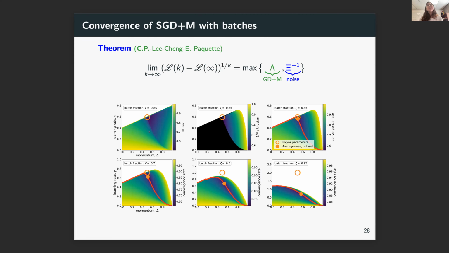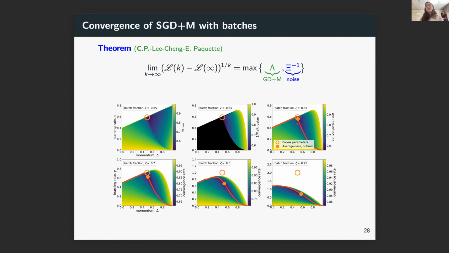And so what happens is that the SGD noise only starts to affect the convergence when you have certain parameters. If you're below, so this is what this middle picture is, you're in the black region here, this is where SGD noise has no effect. SGD noise only hits you once you jump over, for these specific parameters.